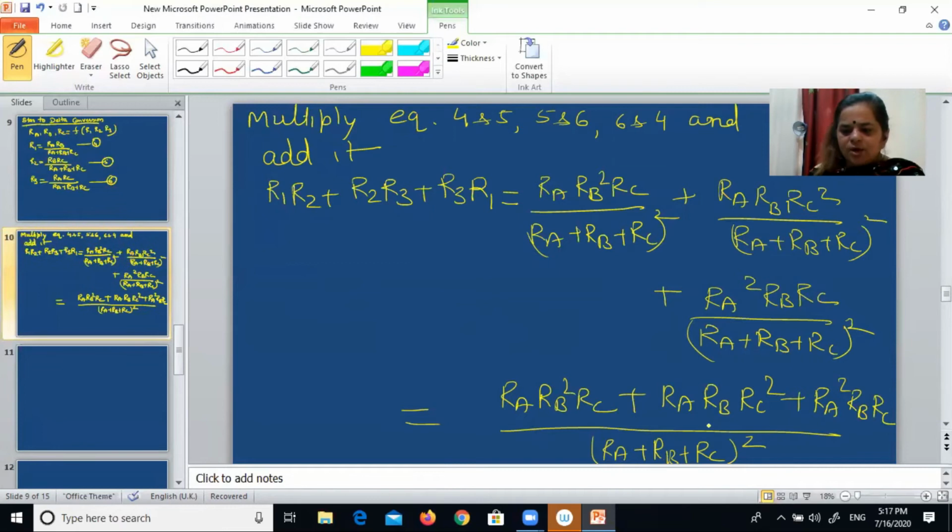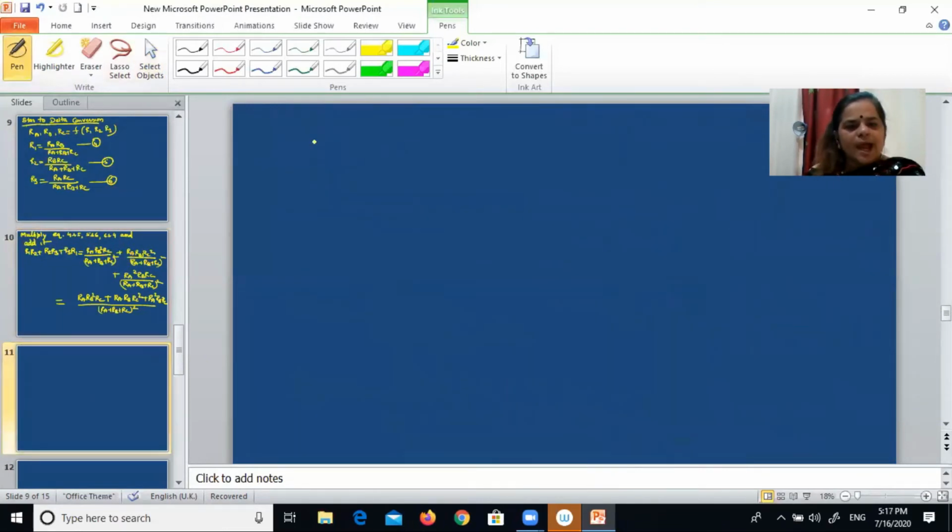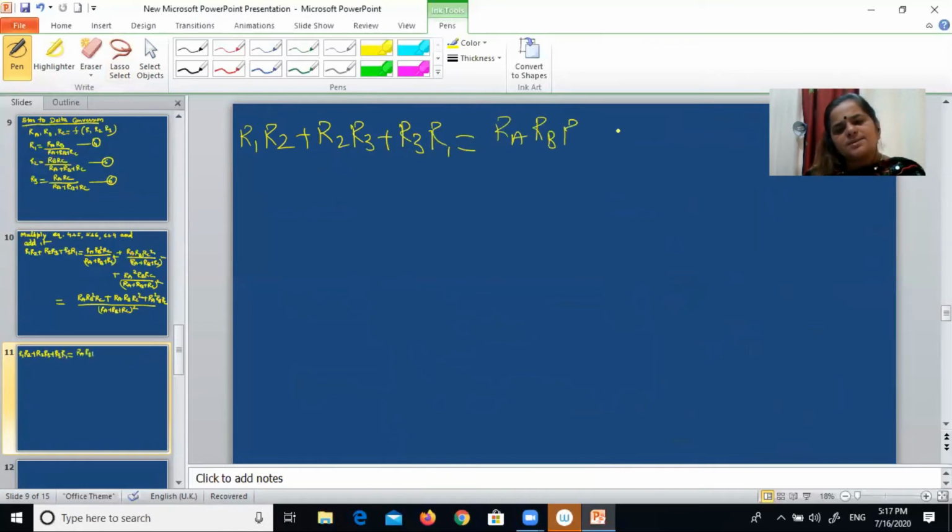Now if I take RA RB RC common, I get RA RB RC times (RA plus RB plus RC), divided by (RA plus RB plus RC) whole square.